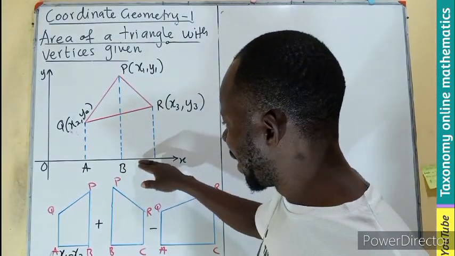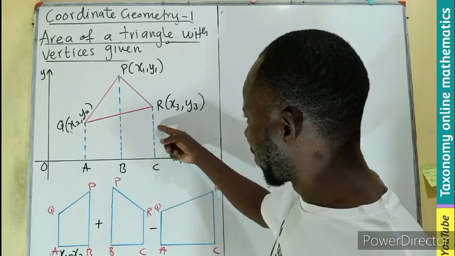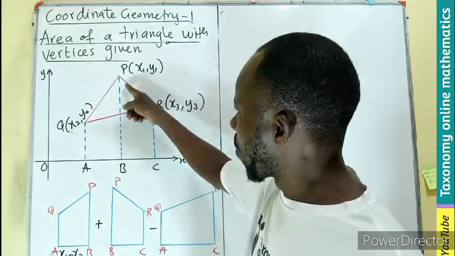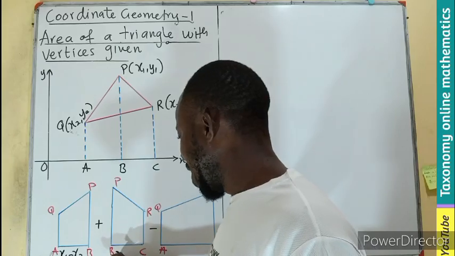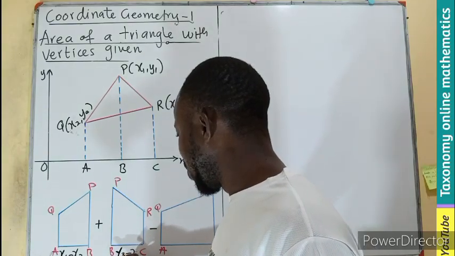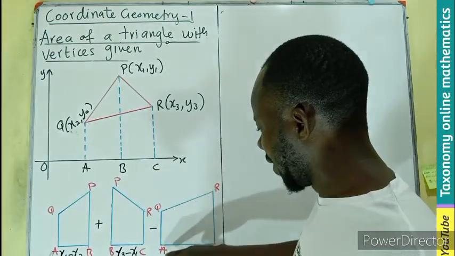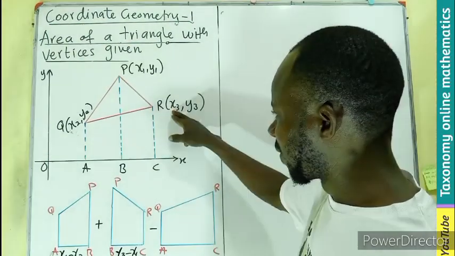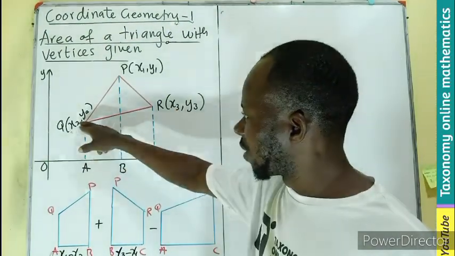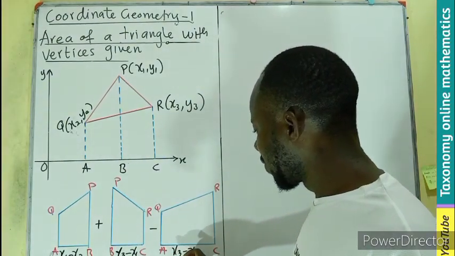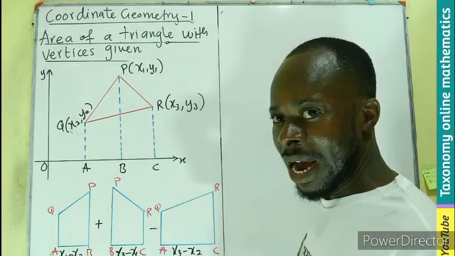Then if I am picking BC, the highest point will be x3, the next point will be x1, so I'll have x3 minus x1. Here is AC. We can see the highest point x3, lowest point x2, so x3 minus x2. Right?